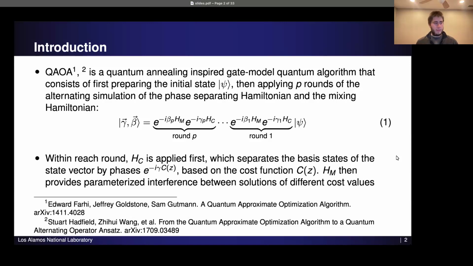And that was basically used on maximum cut problems using the standard transverse field mixer. And since then, it's been generalized to a number of different variants. So reference 2 here is a generalization for considering other mixing Hamiltonians and other types of optimization problems. But the acronym stays the same, being QAOA.